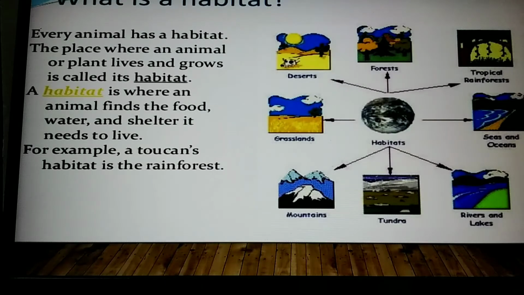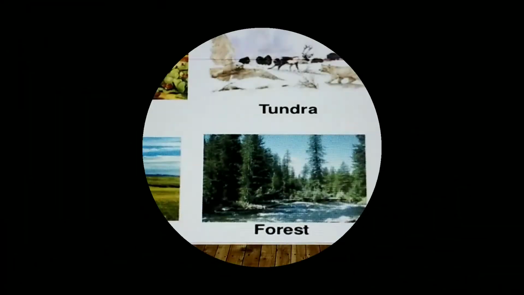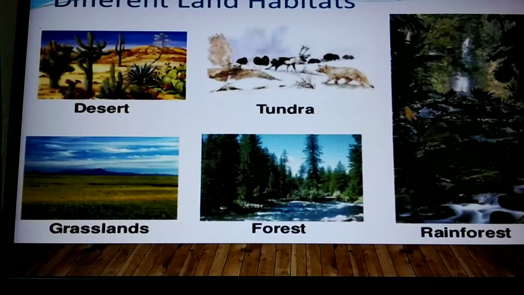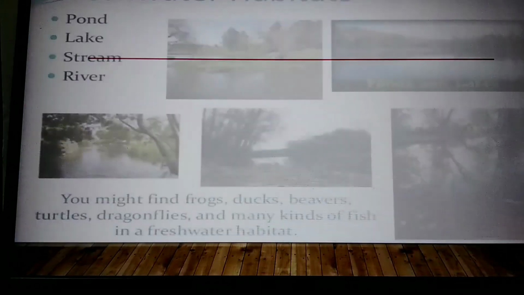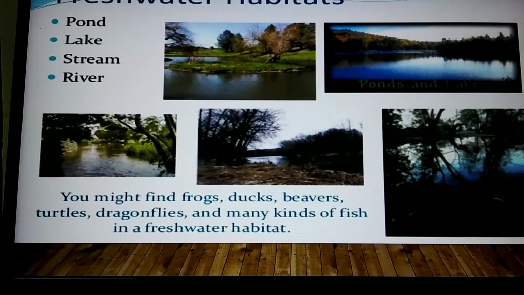Freshwater habitat examples are rivers, lakes, ponds, streams, etc., whereas saltwater habitats are seas and oceans. These are the examples of different land habitats: desert, tundra region, grasslands, forest, rainforest. These are the freshwater habitats: pond, lake, stream, river.